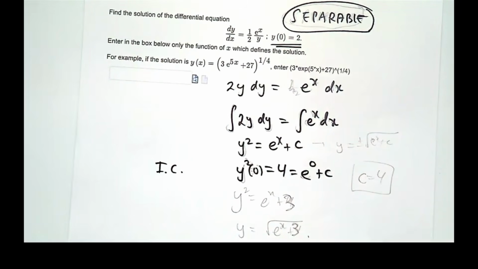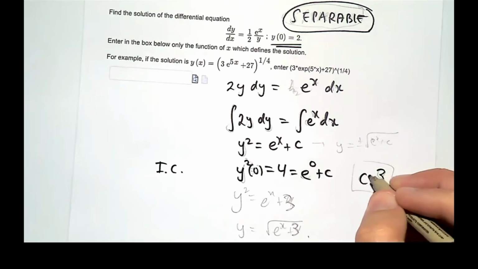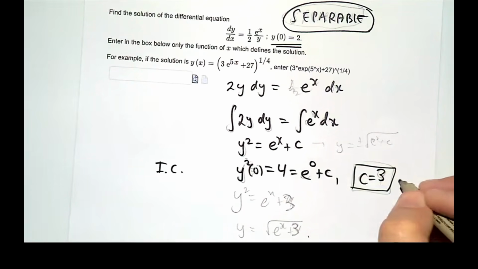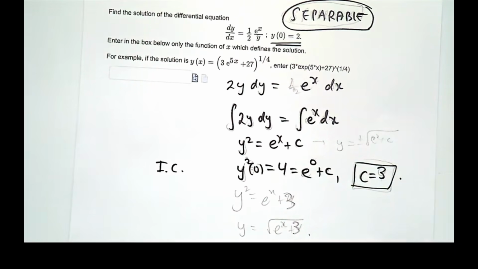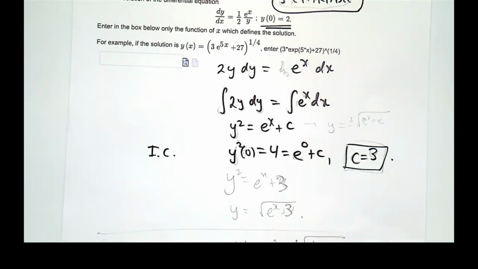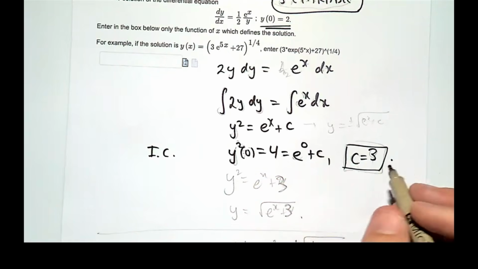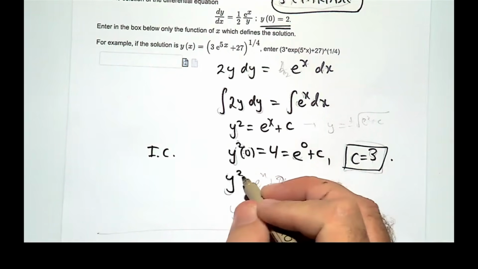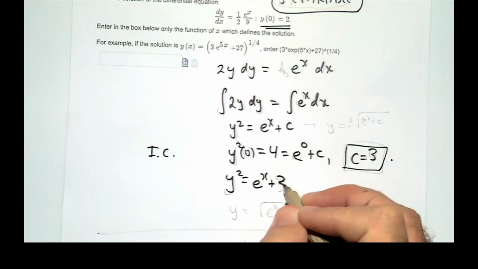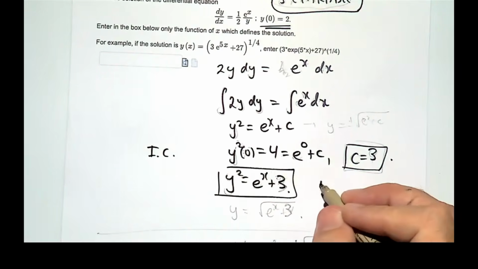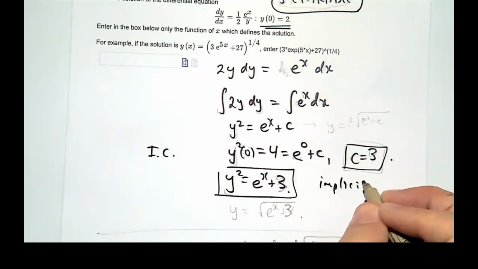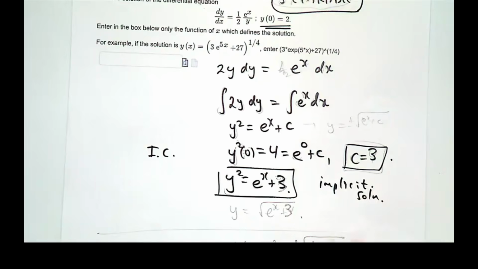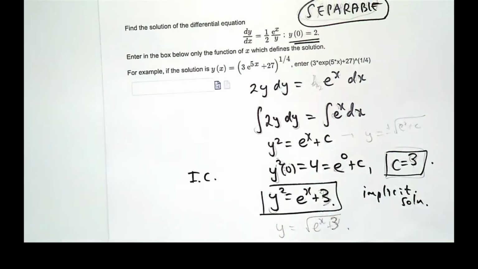So you're going to get c equals 3, not 4. Right? And then you can say, okay, well, this is like your implicit solution. And I think in the answer, they want an explicit solution, right?